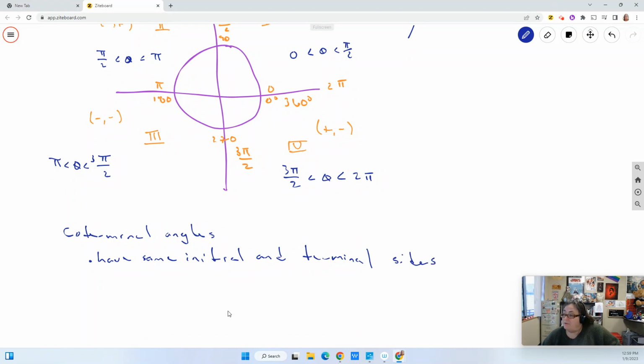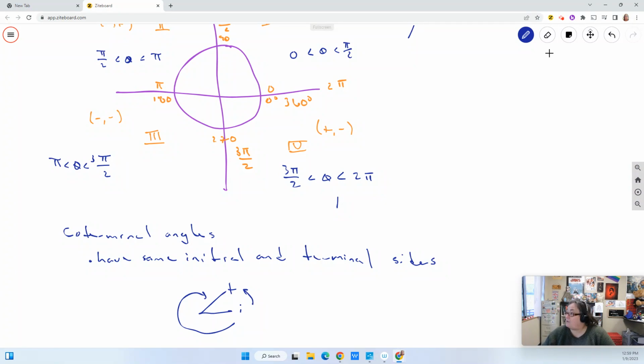If I have an angle like this, and this is my initial side and this is my terminal side, it doesn't matter if I'm going this way or this way, they still start and end in the same spot, which is what makes them coterminal. They have the same initial spot and they terminate in the same space.